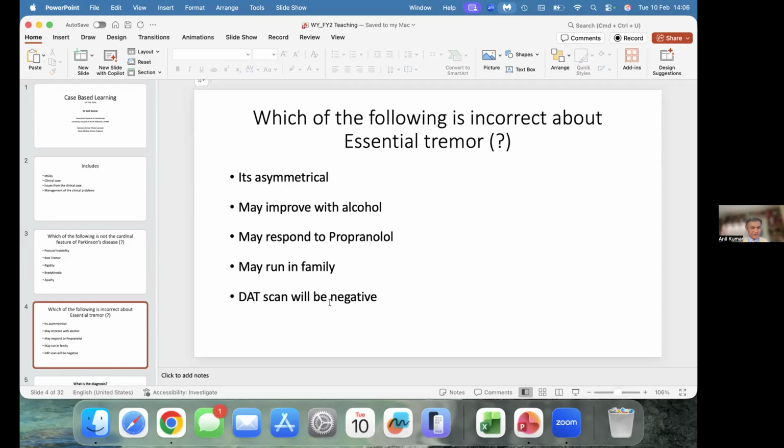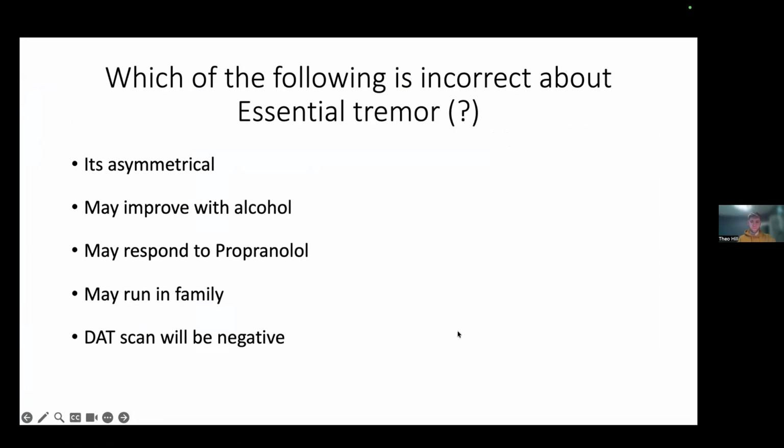Shout out, write down. Anything? Asymmetry. Yeah, that's correct.